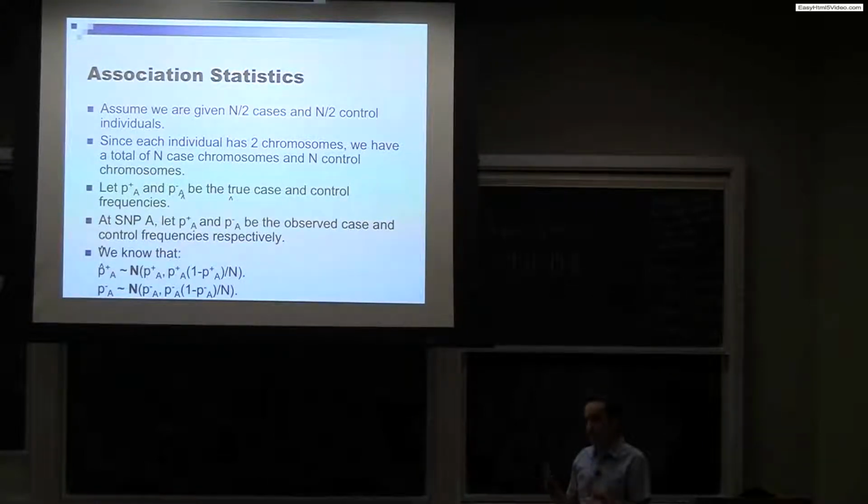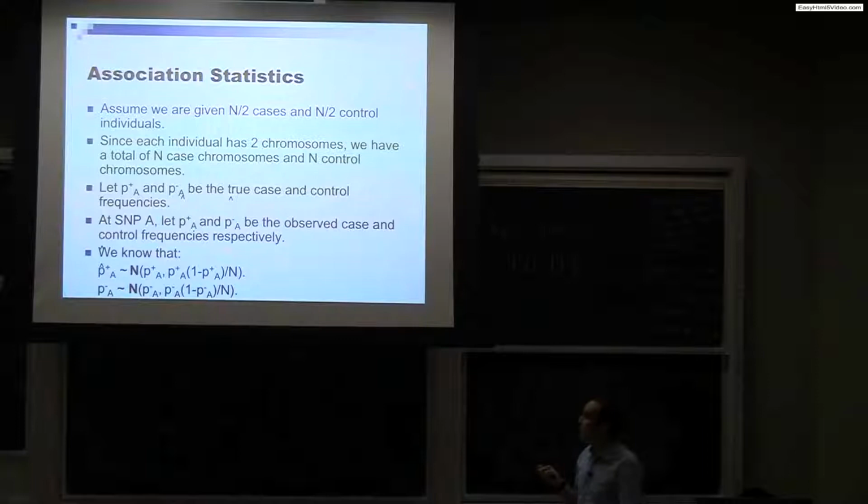Theoretically, what we're saying is that a diabetic individual will have a 60% chance of having the A there, and a non-diabetic will have a 40% chance. So we don't know those. If we knew what those numbers were, we wouldn't have to collect any data. We would know what we're looking for.